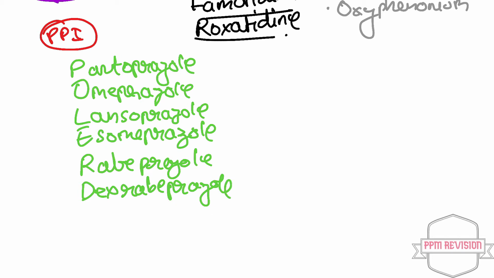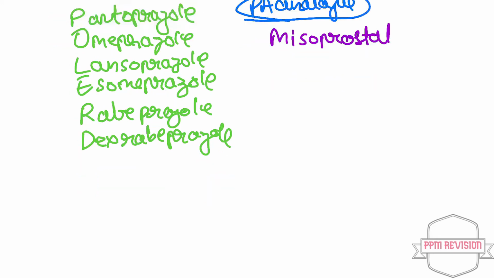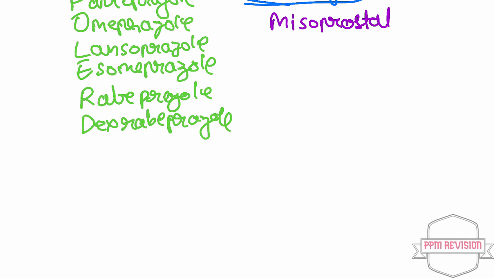Now moving on to the next category under the gastric acid inhibitors, there is prostaglandin analogs. Under these prostaglandin analogs, we have misoprostol. Moving on to another category under this.